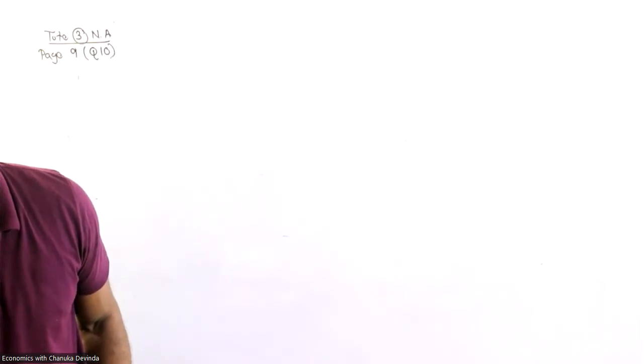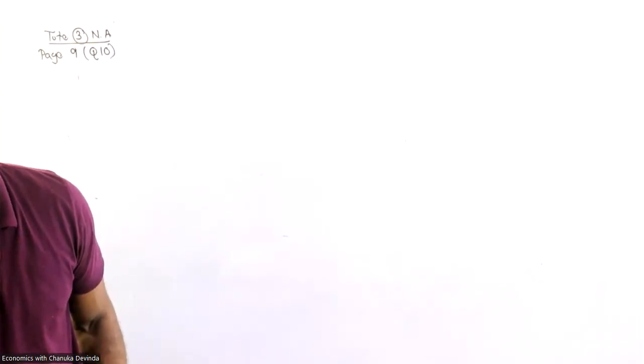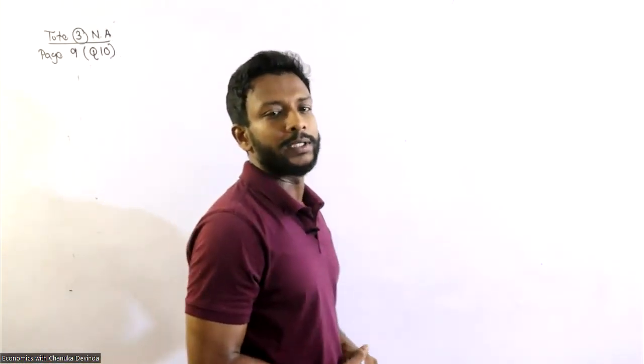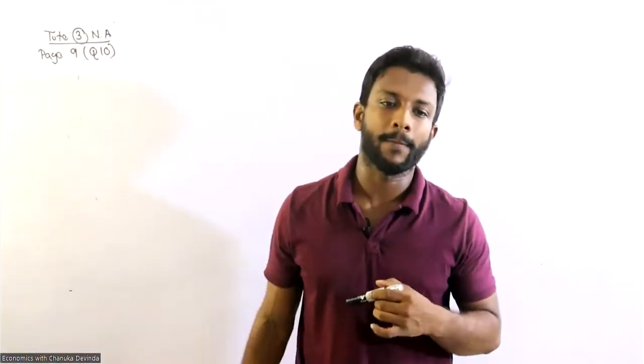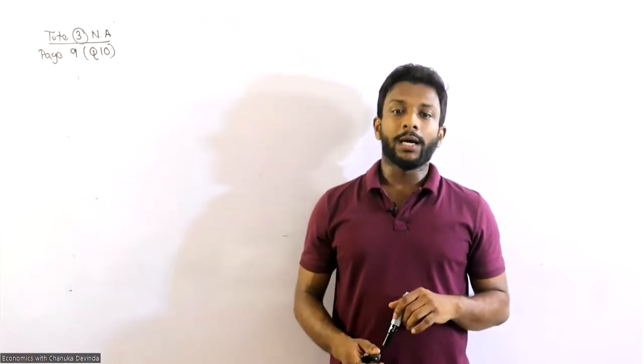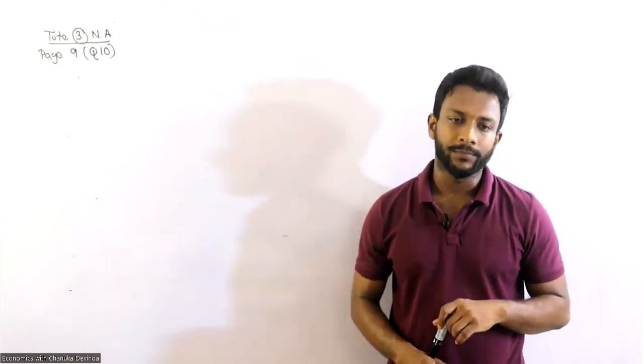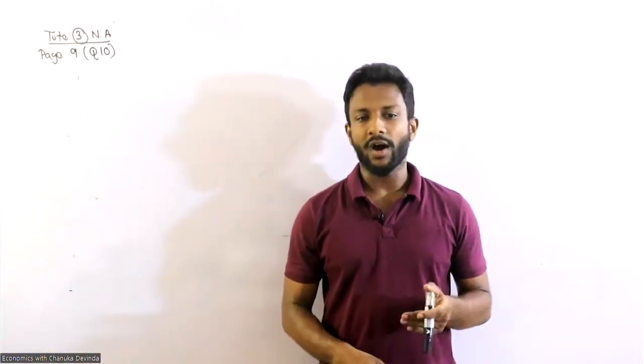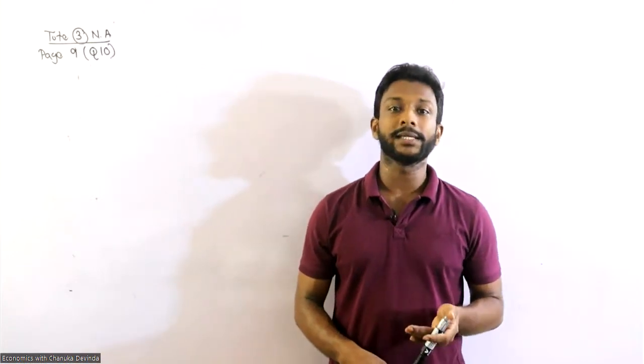Next question. Question number 11. Right. The following information has been provided in a hypothetical economy. Employees' compensation, indirect tax, transfers, farmers' income.